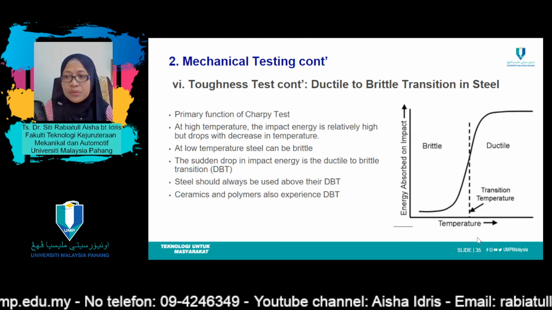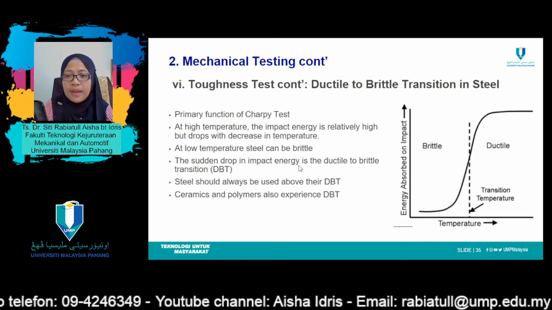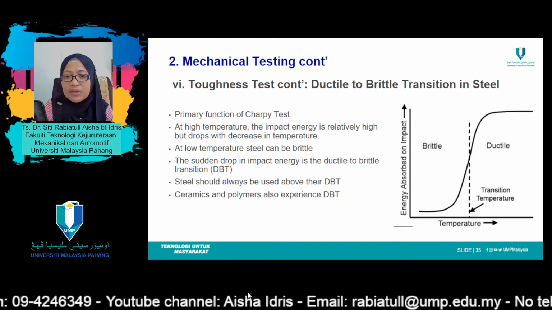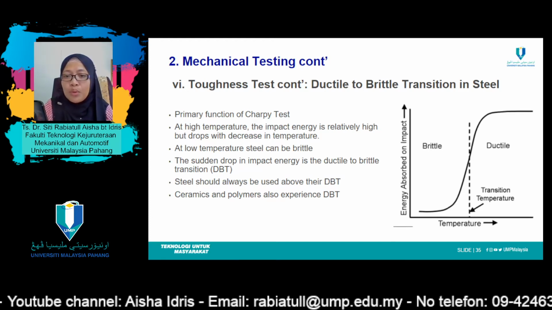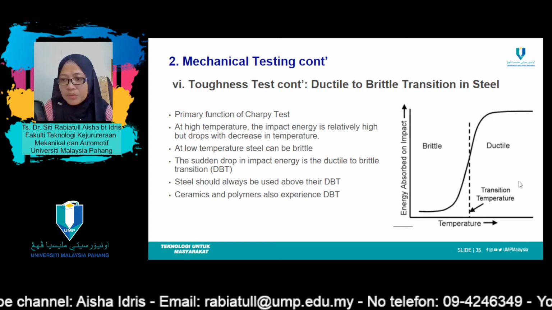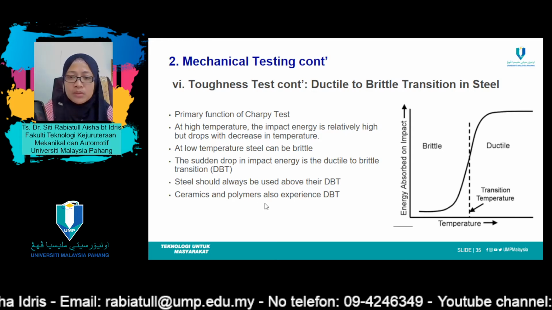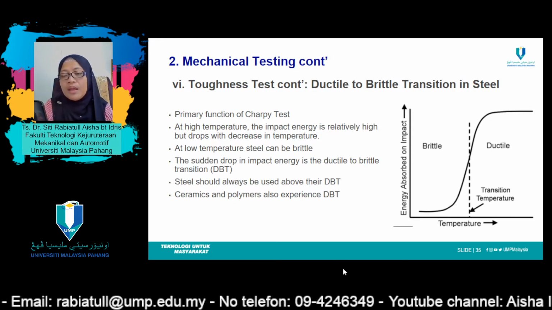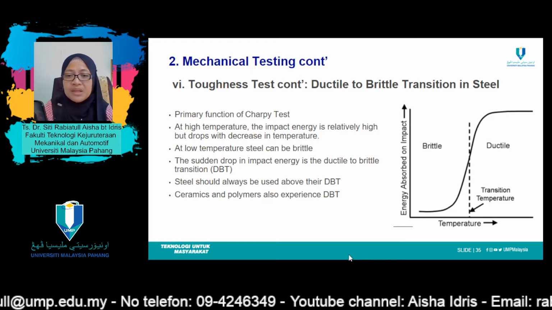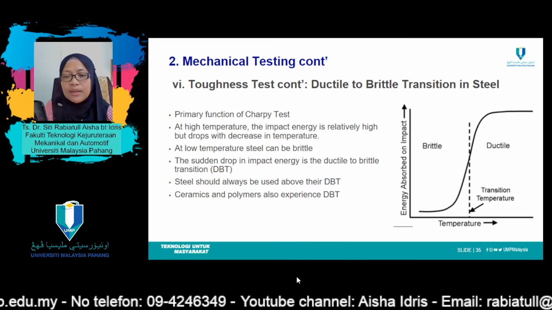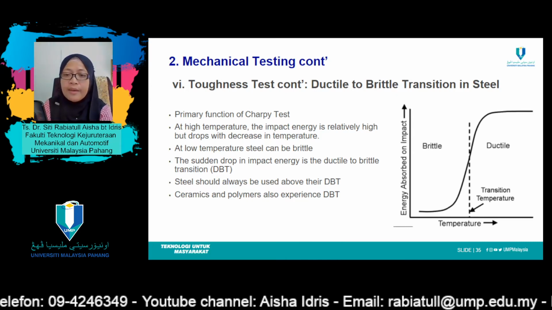So by referring to this figure over here, the sudden drop in impact energy is the ductile to brittle transition, or DBT. Steel should always be used above DBT, moving to the right, whereas ceramics and polymers also experience DBT, and therefore we need to know the location of DBT in order to maintain the properties of the materials, so that we can design proper final products in the end.